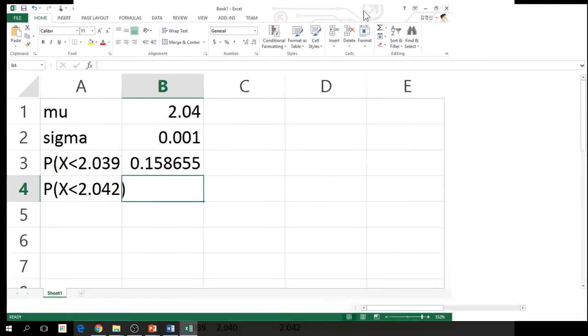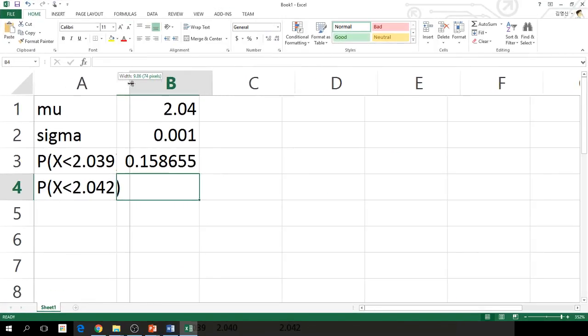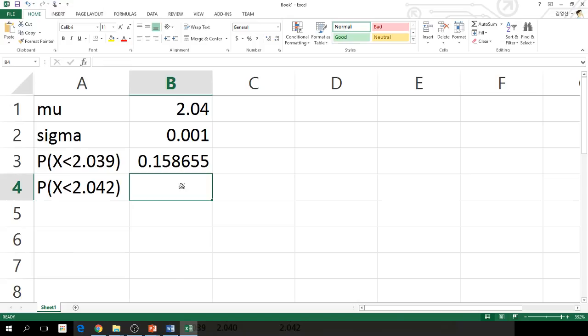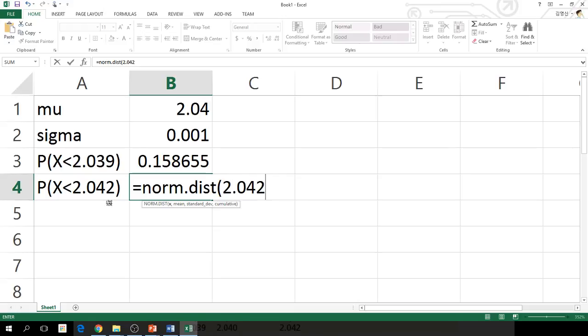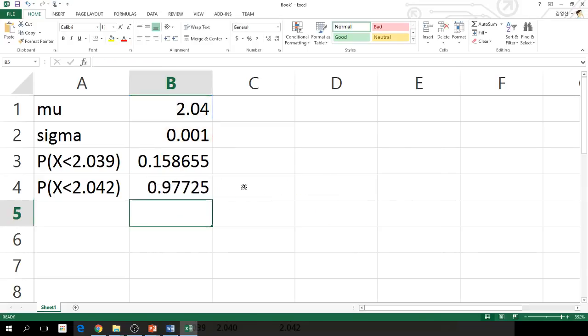So then we have this number. And this probability is the normal distribution function of 2.042 comma mean comma standard deviation and cumulative distribution.